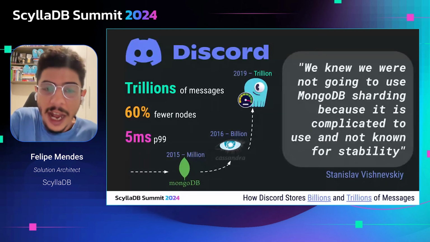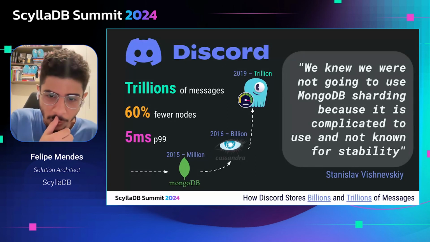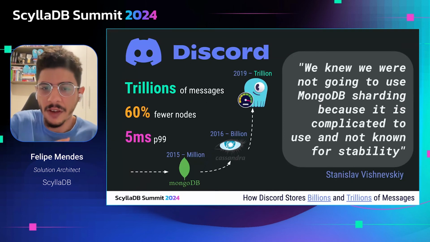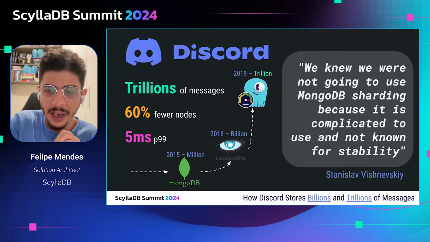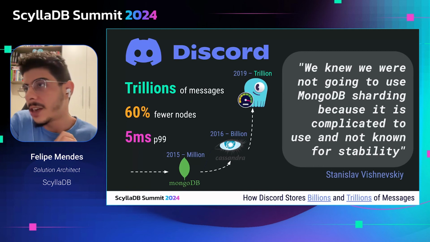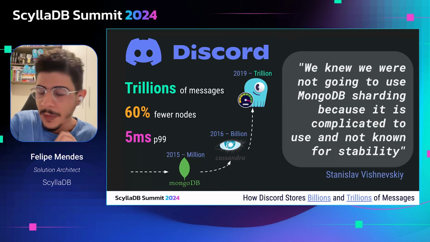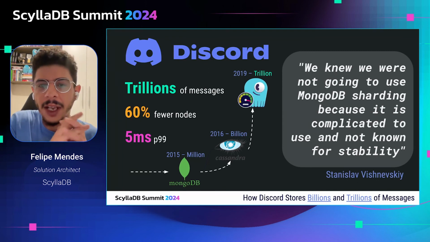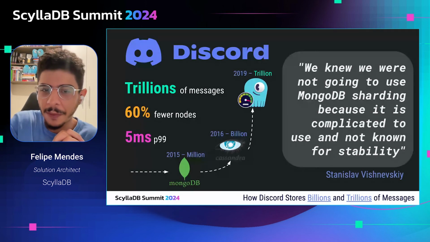Now, if you ask me, trillions is definitely an impressive number. But what I find even more impressive is that ScyllaDB supports that magnitude of scale while reducing their deployment size by 60% and keeping their P99 latencies at single-digit milliseconds. So at this point, this is the Discord story, but I know what you're probably thinking.